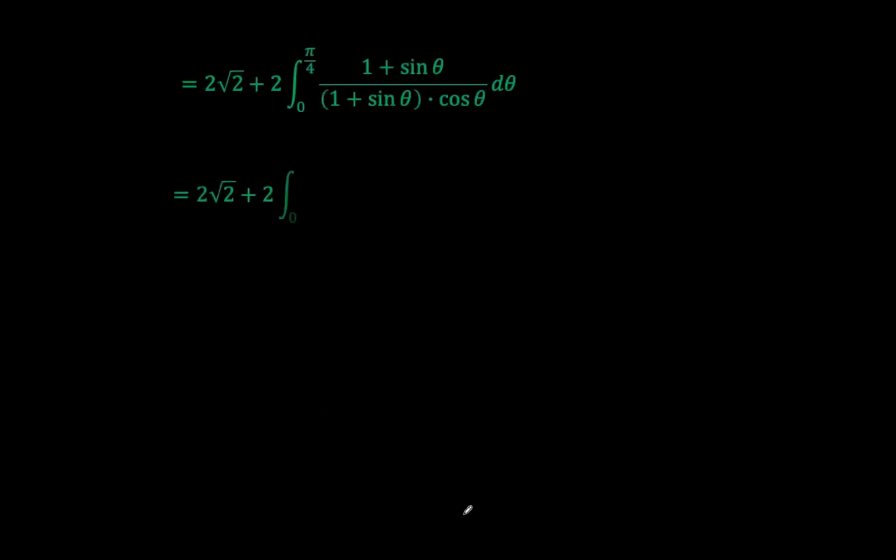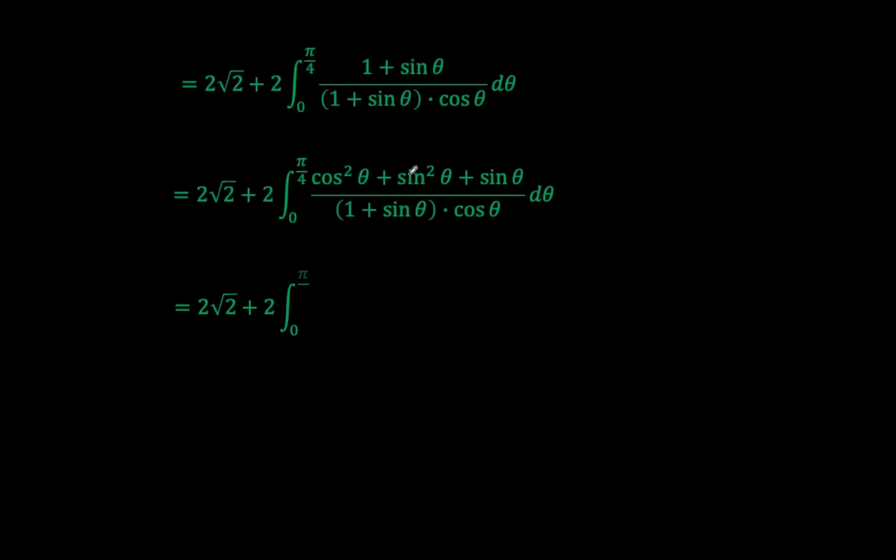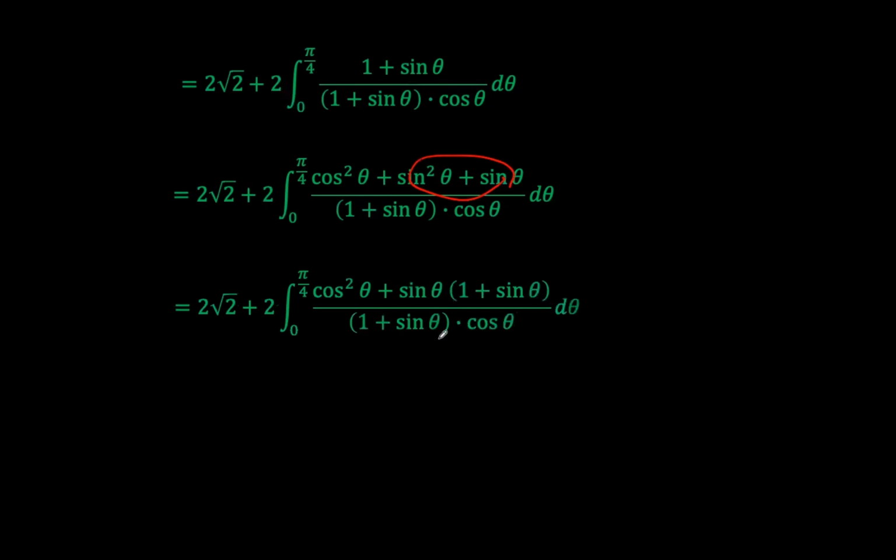So when we plug that in, we have cosine squared theta plus sine squared theta plus sine theta over 1 plus sine theta times cosine theta. Now we can factorize this part by pulling sine theta out. And so we have cosine squared theta plus sine theta times, in brackets, 1 plus sine theta.